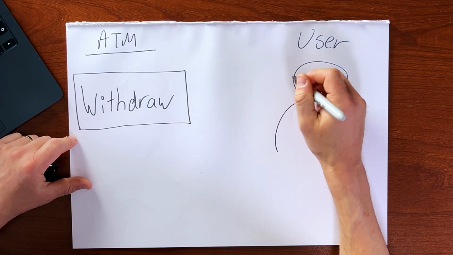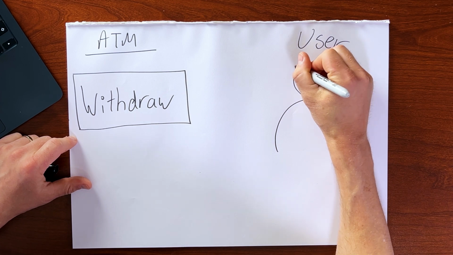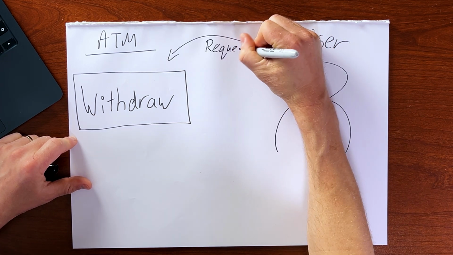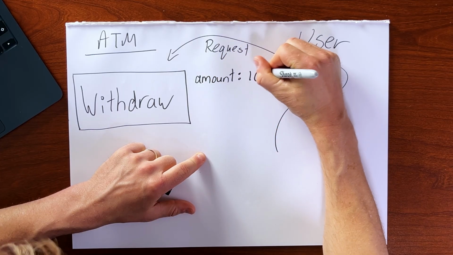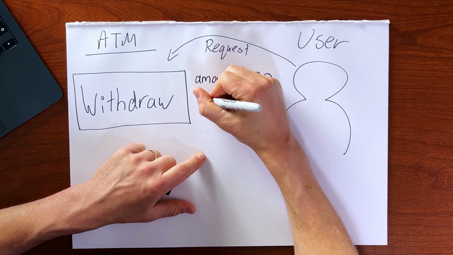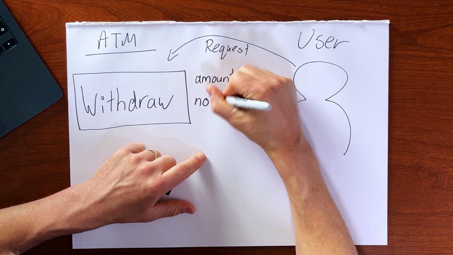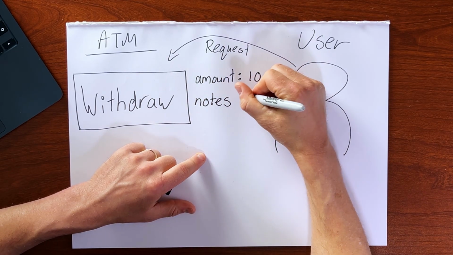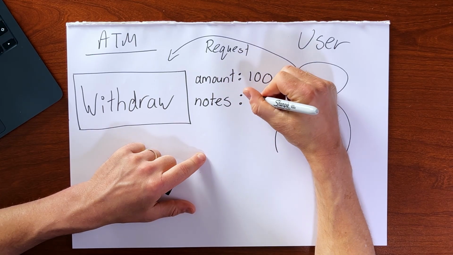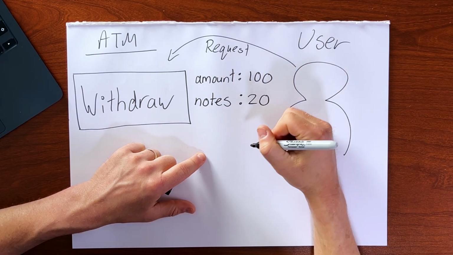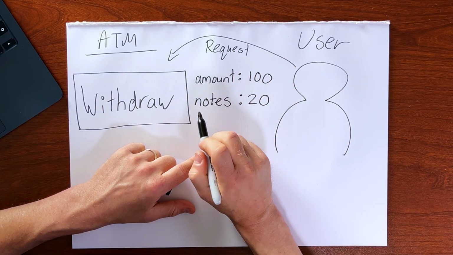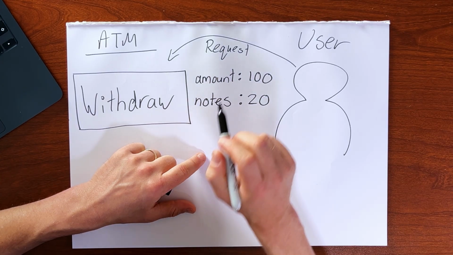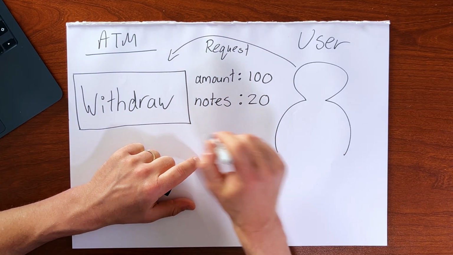The user wants to make a request. Well, what they might add within this request is a JSON body made up of a few parameters. So they might have the amount, let's say 100, and they might have which notes that they prefer. And let's say that they prefer to have this in $20 notes. And so both of these would be parameters that we have in our JSON body.